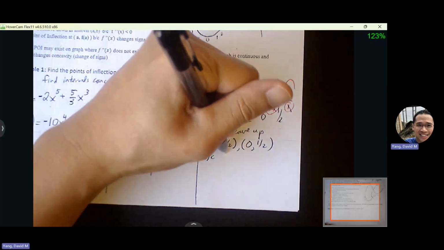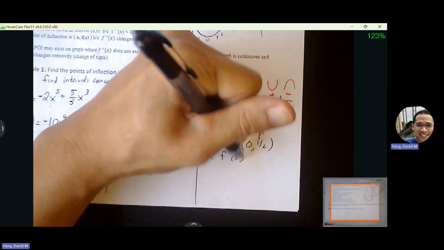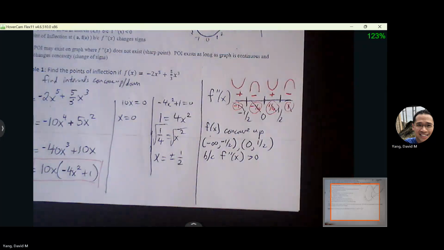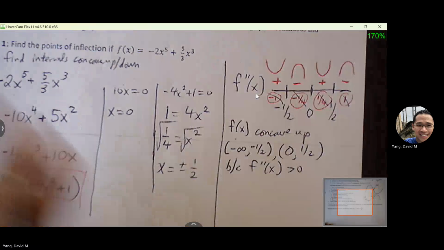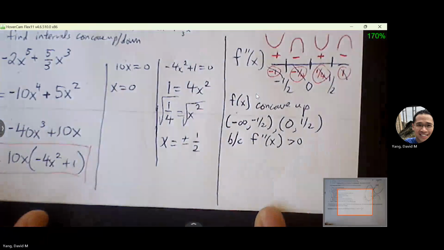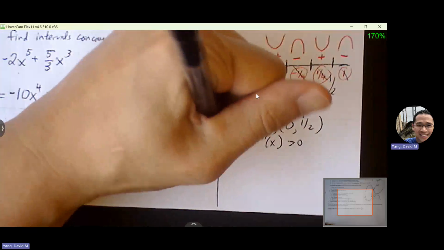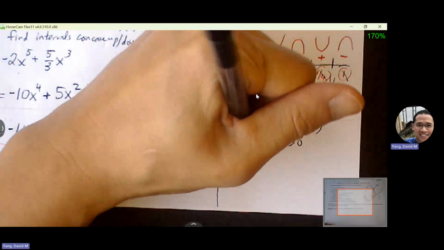Our reasoning is because f double prime is greater than 0. Our function is concave down.